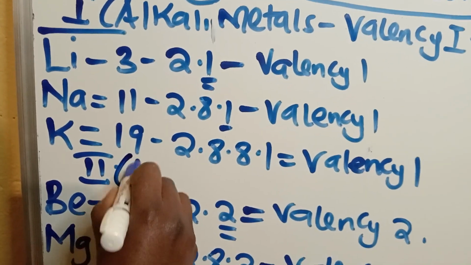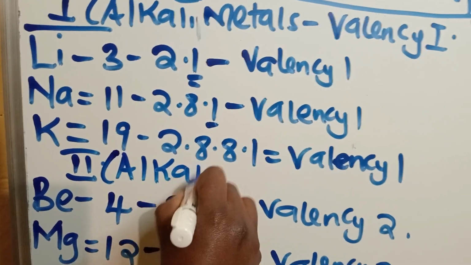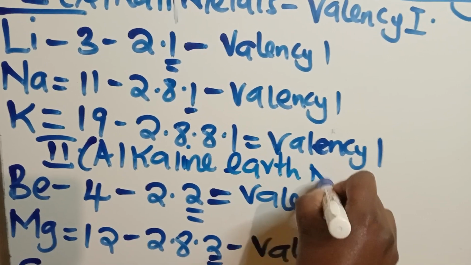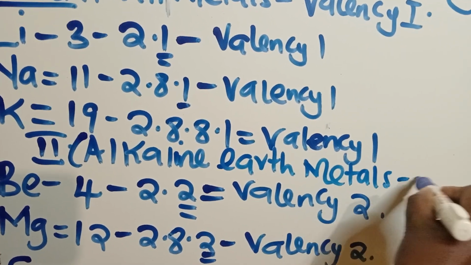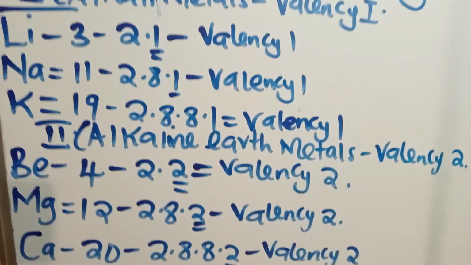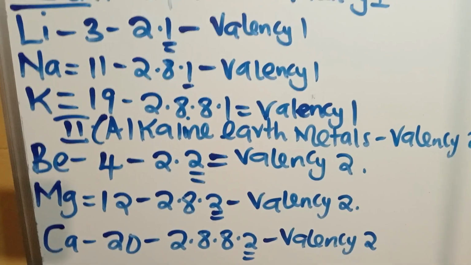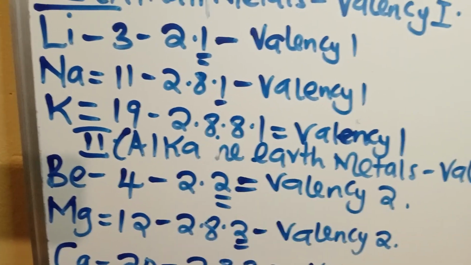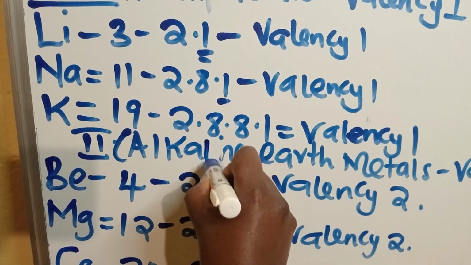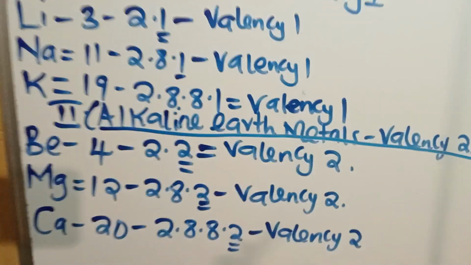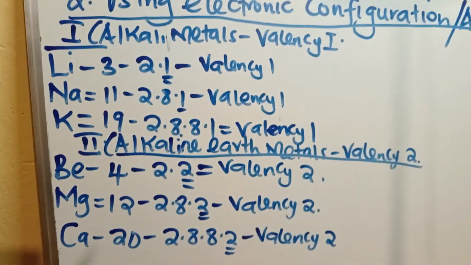Group 2, being the alkaline earth metals, they all have a valency of 2. They are the alkaline earth metals. So that is very, very important for you.